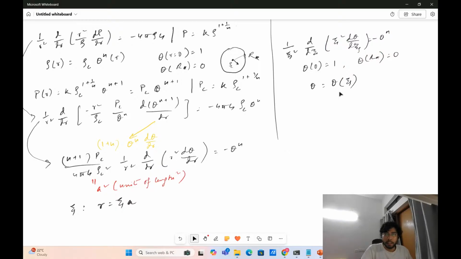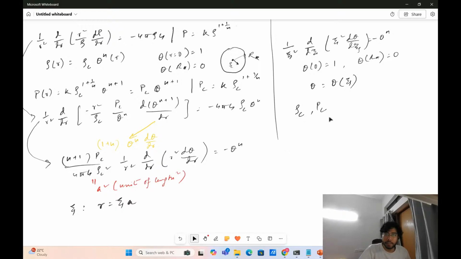And then, if you know theta as a function of psi, you can model different stars, right? For example, you can choose rho c, the central density, or the central pressure, on your own. So you can choose any values of rho c and pc.